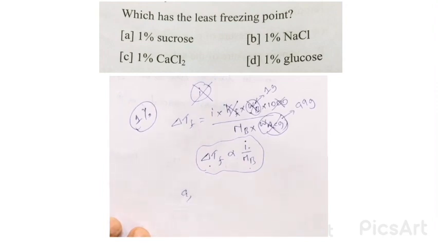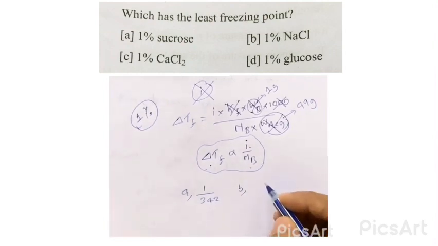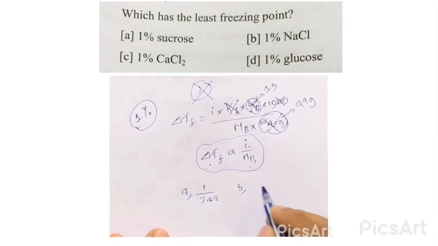In sucrose, i factor equals 1 because there is no dissociation, by its molar mass 342. Option B, it is NaCl. NaCl undergoes dissociation to give 2 ions. So i factor 2 by its molar mass 58.5.